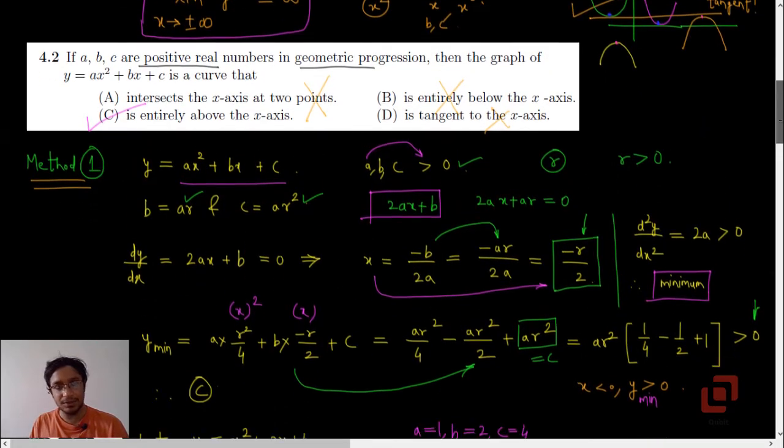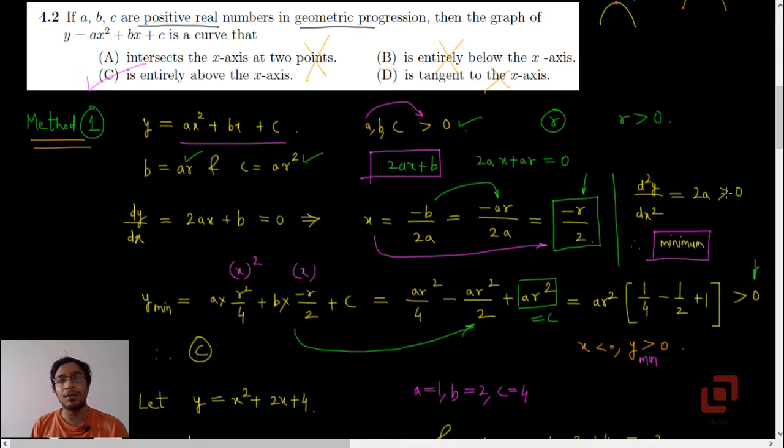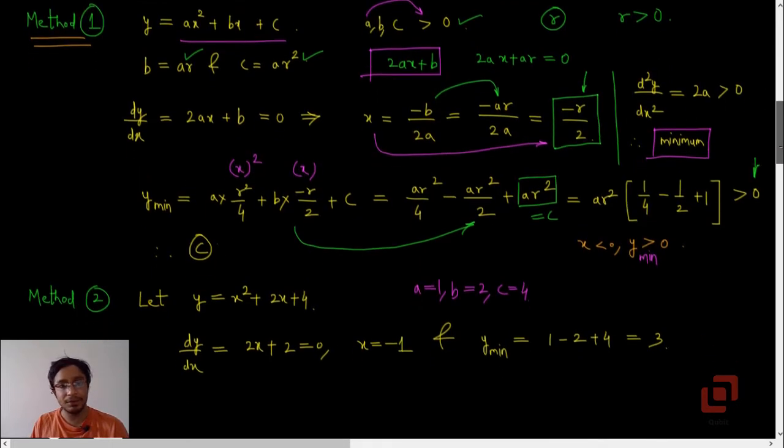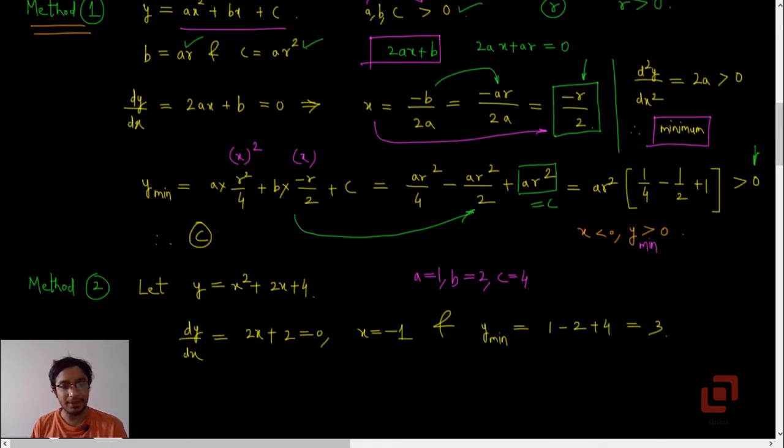Now because this MCQ does not have more than one option correct, any possible combination of positive real numbers which are in GP is going to give us the correct option. So apply the same thing.